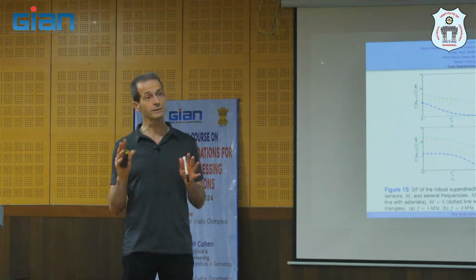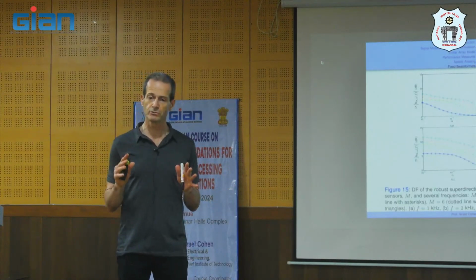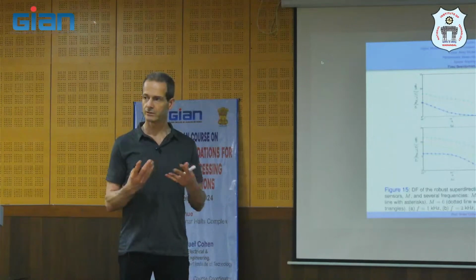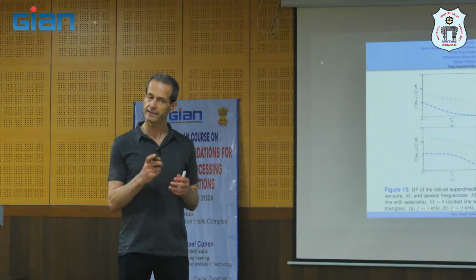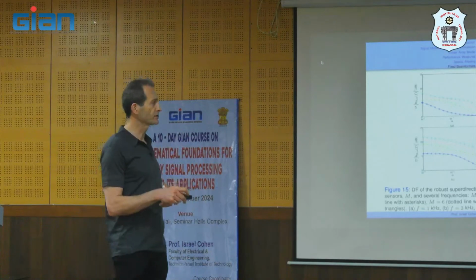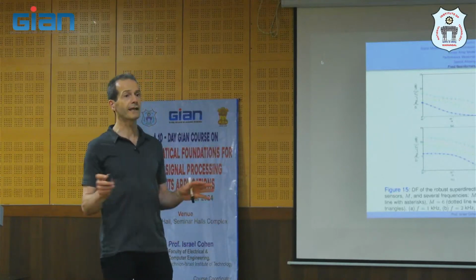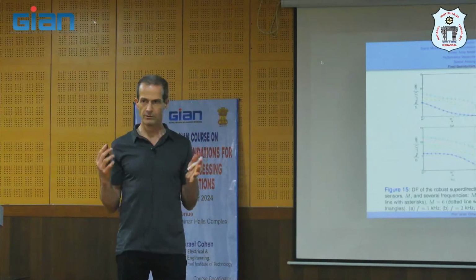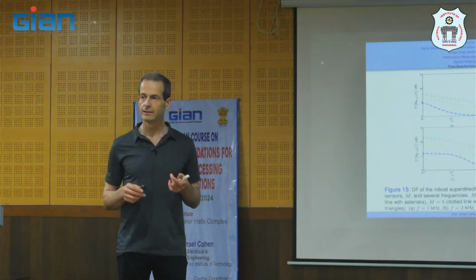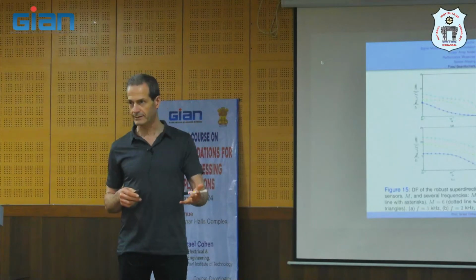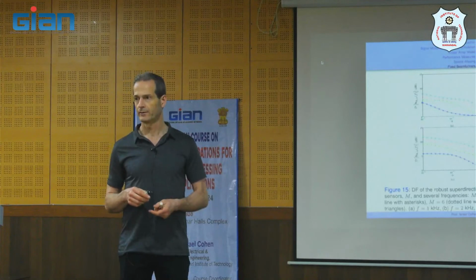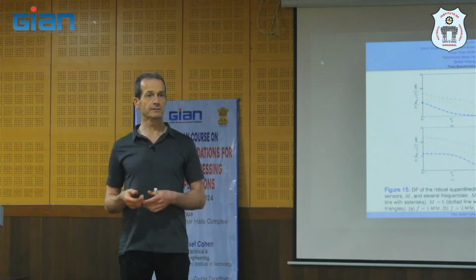These are important specifications because they tell you what the differences between sensors can be. Then you can design your filters or your beamformer or whatever device so that it will be robust to these errors in practice.